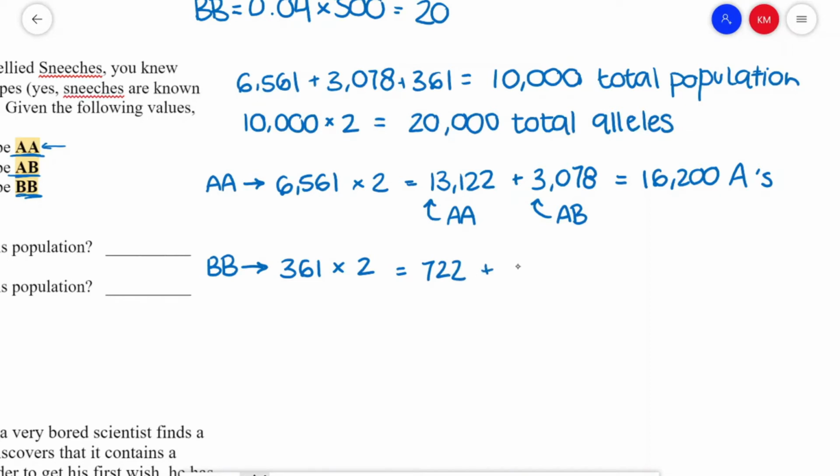And then again, we have to add 3,078 because you can't forget that heterozygous genotype. So this is from the BB population, which we multiplied by 2. This is from the AB population. So again, we add those numbers up, and you get 3,800 Bs.